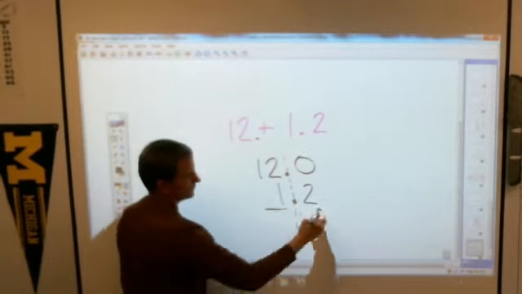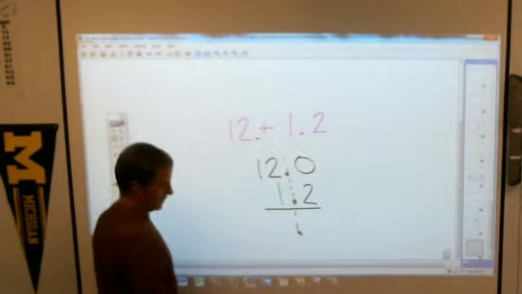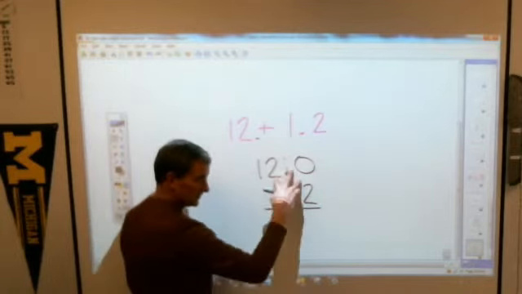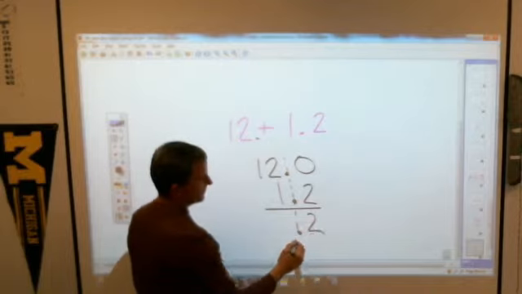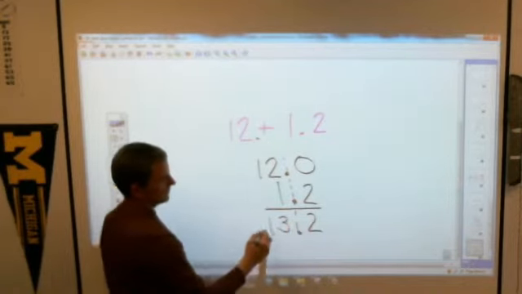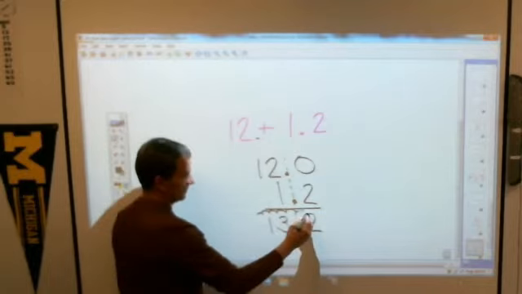Put your 0 up there. Decimal's going to go here in my answer. That's why it's good to use those squares on your papers, because this needs to line up. If you get it crooked, you might get some things wrong. So my answer is 13.2.